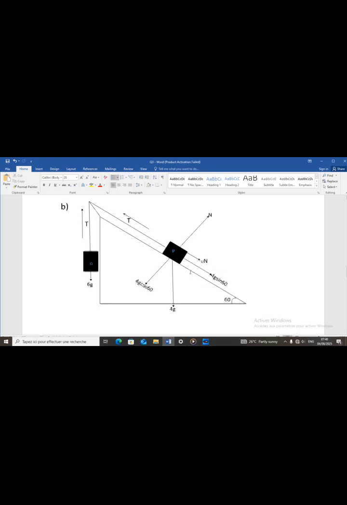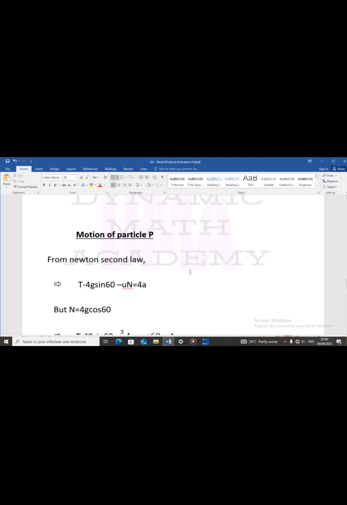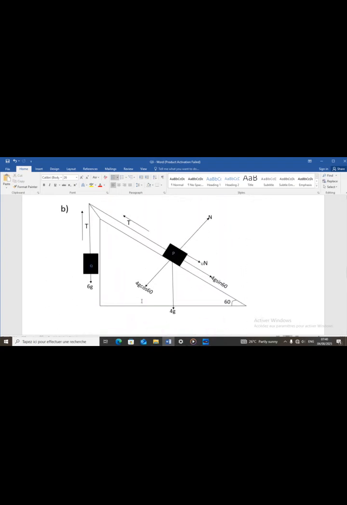Perfect. Now, know that n is equal to 4g cos 60, because when we resolve perpendicularly to the plane, we notice that n is equal to 4g cos 60. This is from Newton's third law, opposite forces.